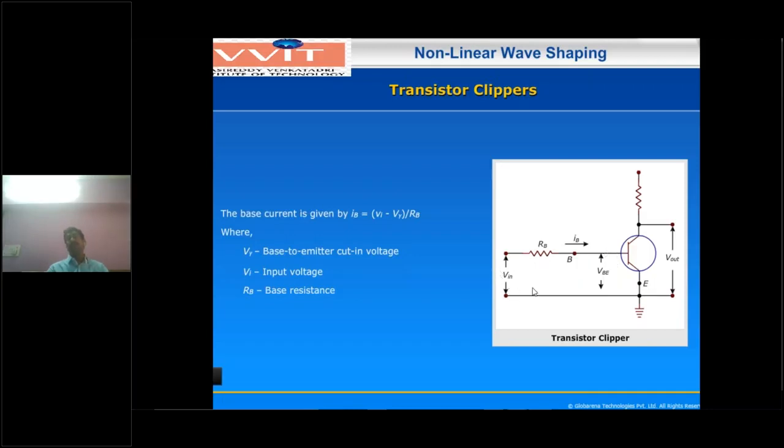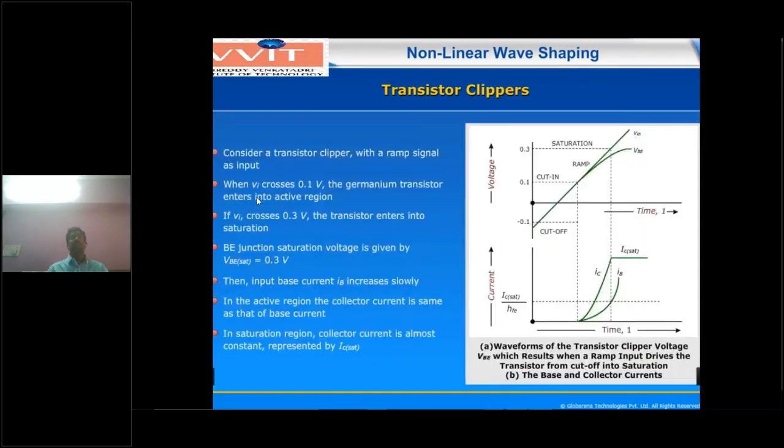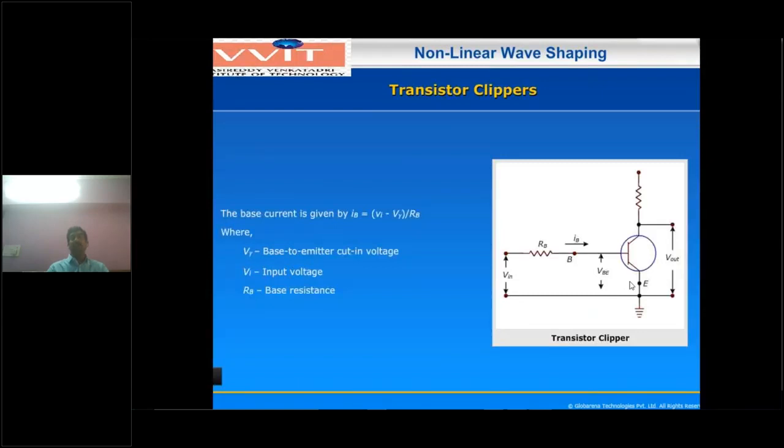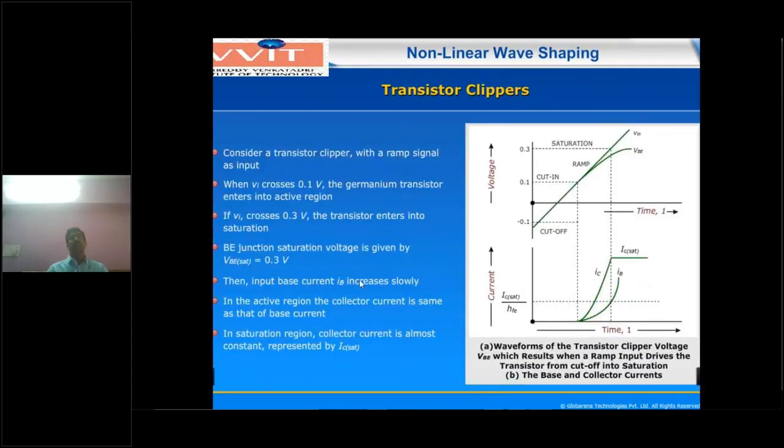Whenever the input voltage is greater than 0.3 volts, the transistor goes to saturation. This is an NPN germanium transistor. And what is the saturation voltage, VBE sat? The minimum input voltage required for the transistor to go to saturation is 0.3 volts. That's why VBE sat equals 0.3 volts.